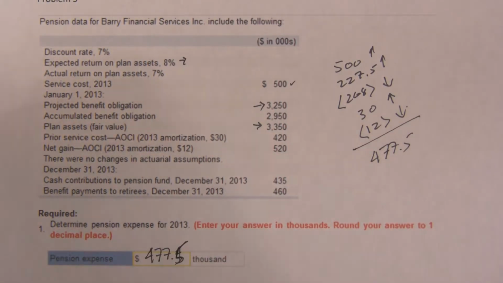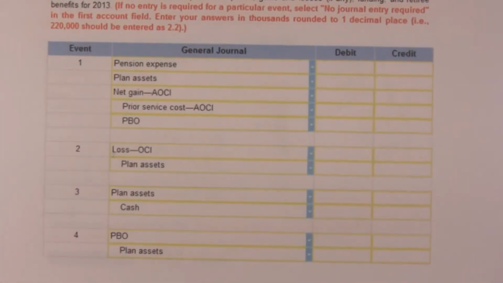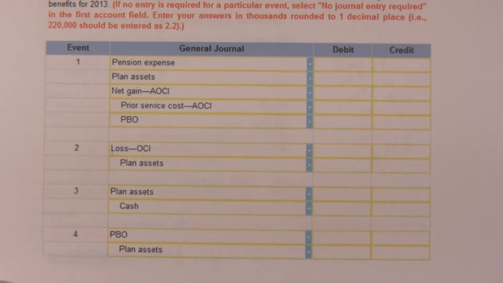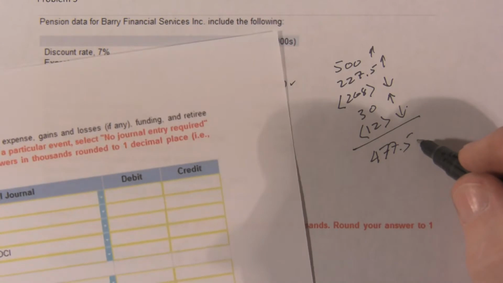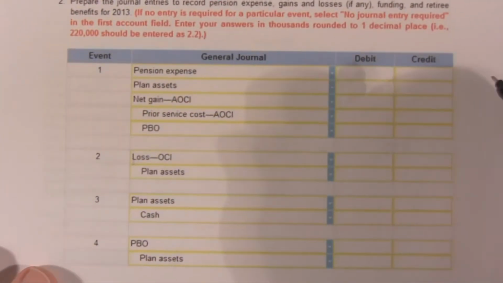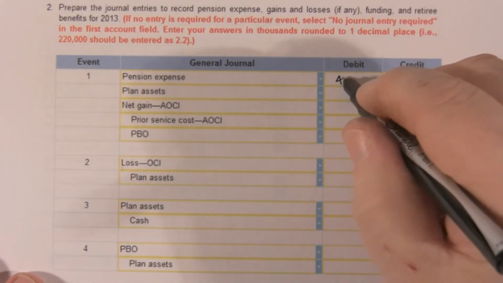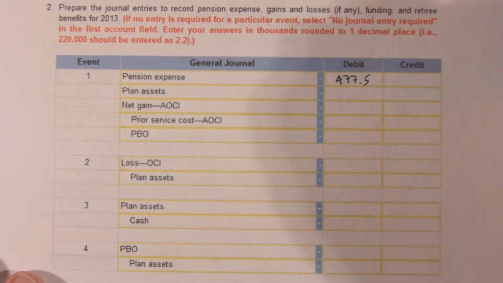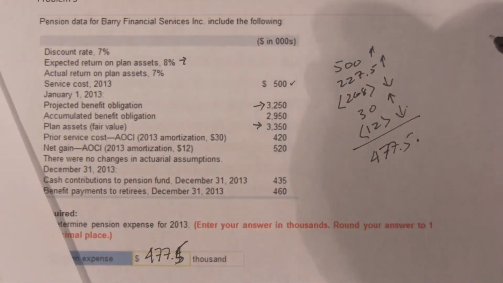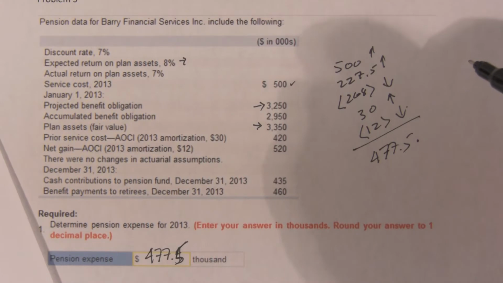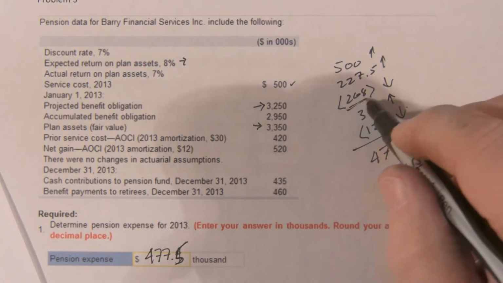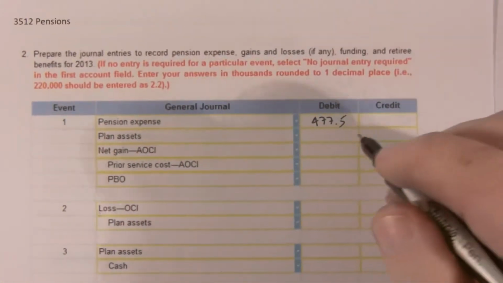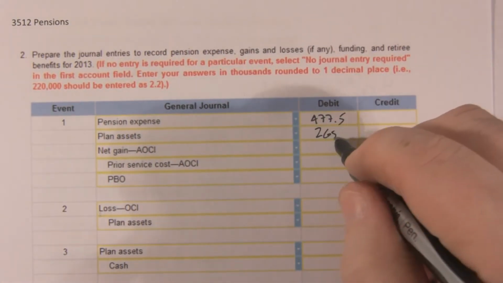Now, let's go through and fill in the pieces, okay? So, our pension expense is 477.5. And our increase to our plan assets is the actual return, so our increase on plan assets was 268.